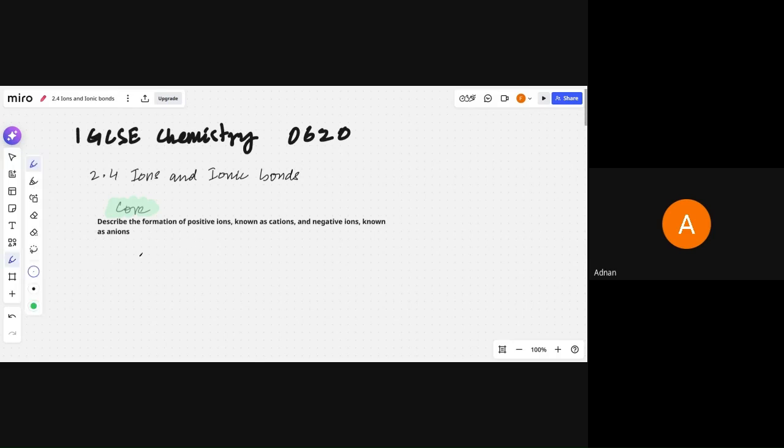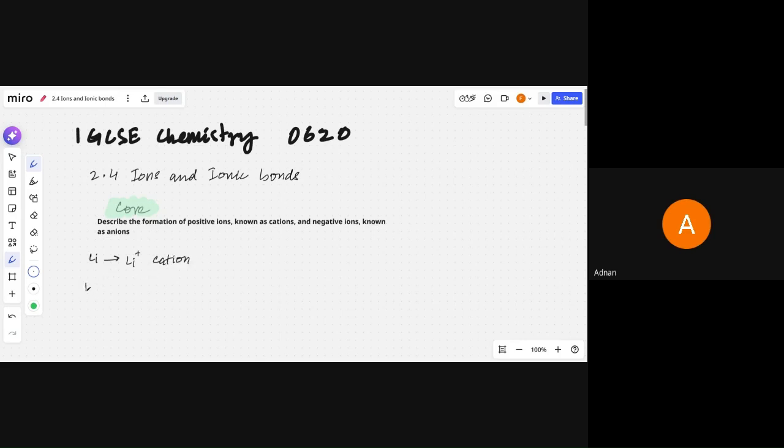We already know that when atoms lose electrons, they get a positive charge. Lithium, since it is in group 1, is going to lose one electron and form a positive ion, Li+, which we call a cation because it has a positive charge.